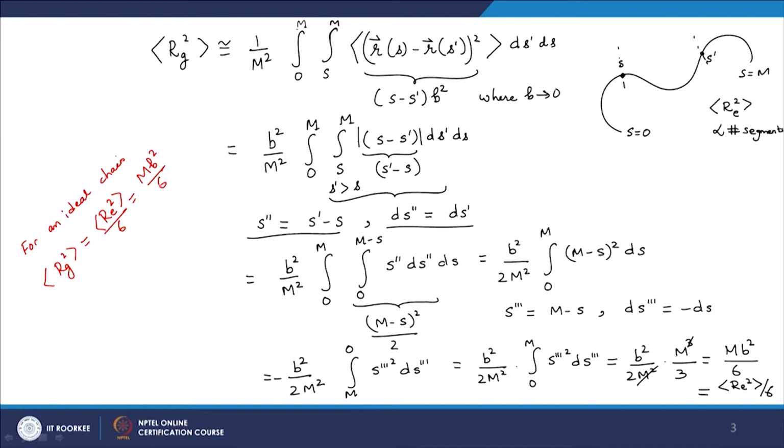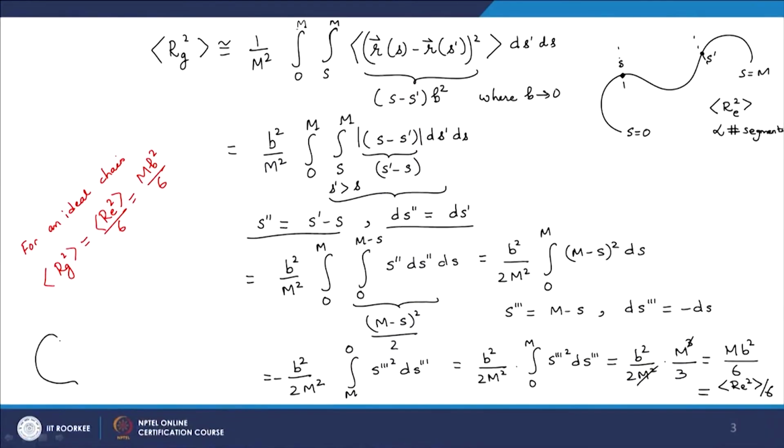Now there may be a bit of confusion here, because we said that I want to define a new kind of average, and the new average will look at the volume occupied by the chain in place of the end to end distance. What we figured out is that the mean square of this quantity is the mean square of the end to end distance divided by 6. So, both are essentially related, but this may not be possible if I think of other kinds of chain models, and that is where this quantity becomes useful.